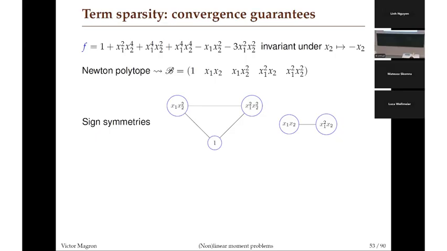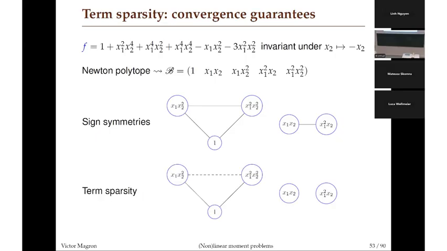But now let's apply term sparsity. Actually there is no edge between x1 x2 and x1 squared x2, because x1 cubed x2 squared is not there.